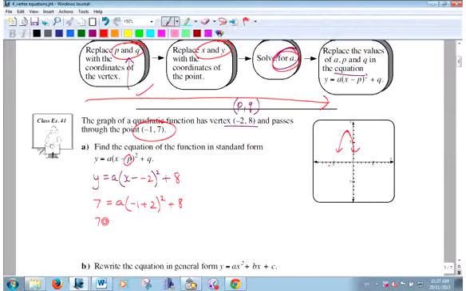Okay, so 7 is a, what is -1 plus 2? 1. 1 squared is 1 plus 8. Now what? Get rid of the 8. Minus 8 both sides. 7 minus 8 is -1, is a times 1 is just a, and I'm done. That's what a is.